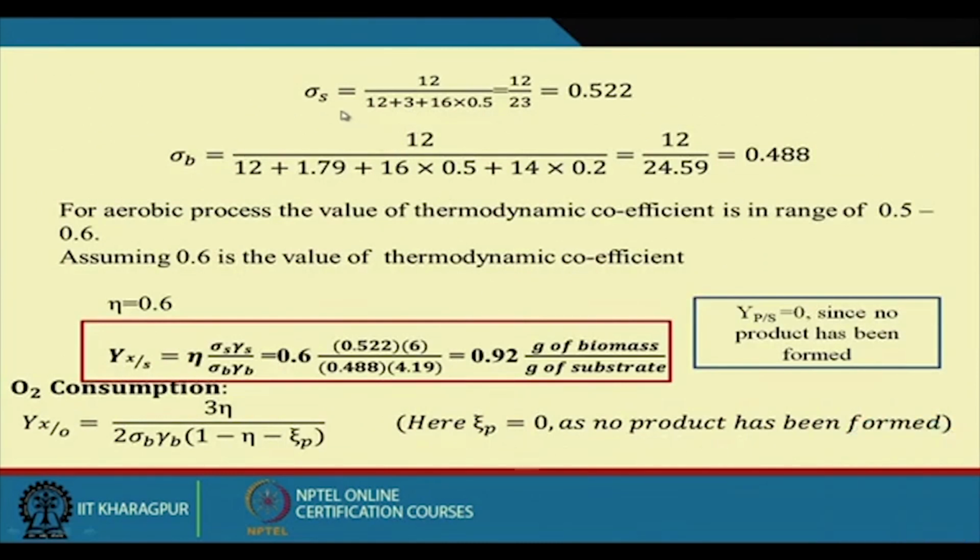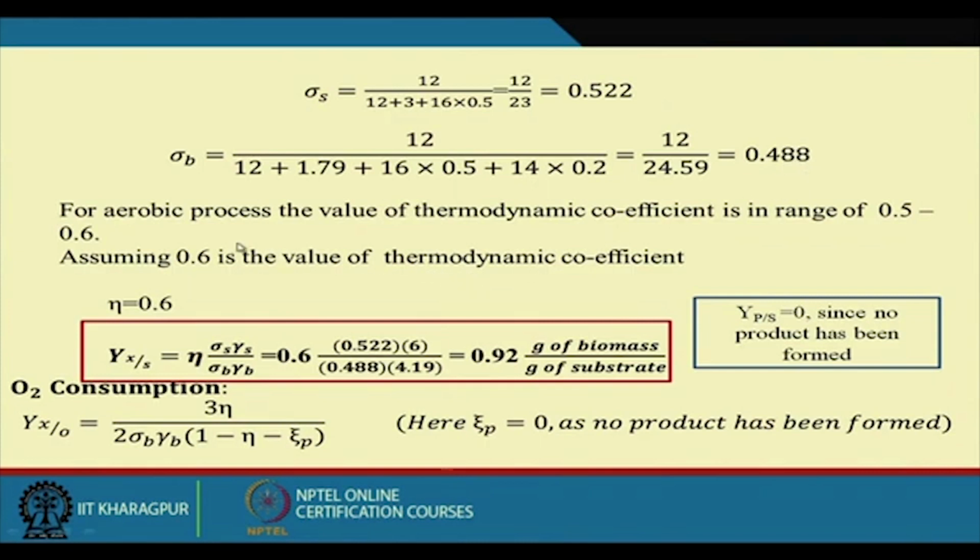Now similarly, sigma S and sigma B we can calculate with respect to gram carbon: 12 divided by the molecular weight of the substrate, and 12 divided by the molecular weight of the biomass. So this is 0.522 and this is 0.488.